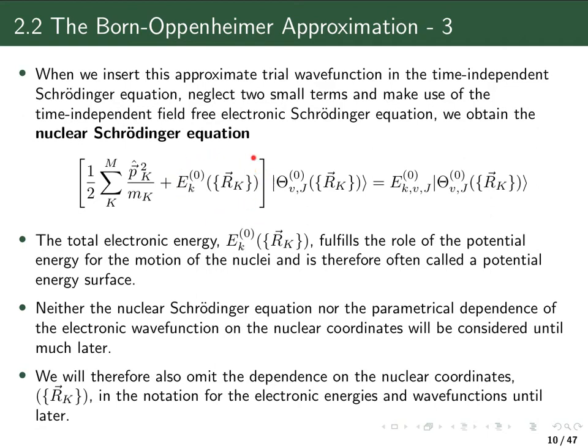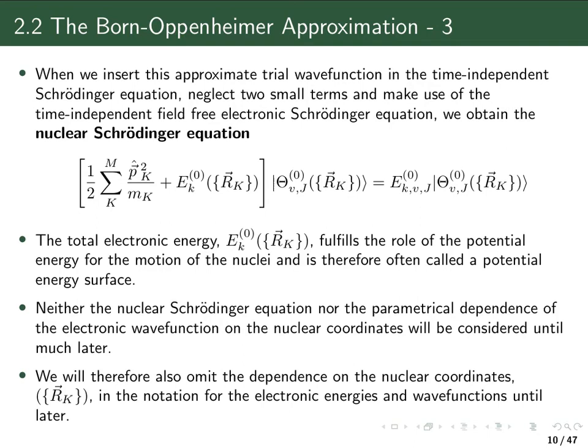So the electronic energy here takes over the role of the potential for the motion of the nuclei. The eigenvalues of this nuclear Schrödinger equation are actually the total energies of our molecule. So it's not only the nuclear energies, but also plus the electronic energy. So this is the total energy, and here we have the electronic energy.